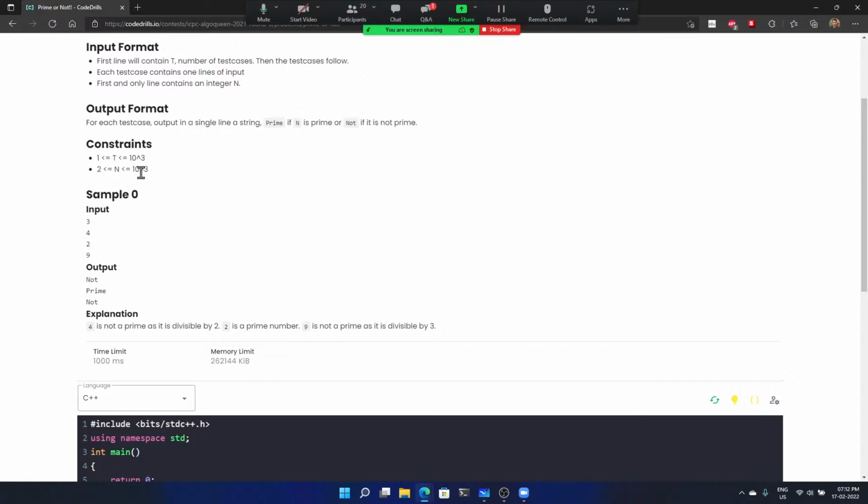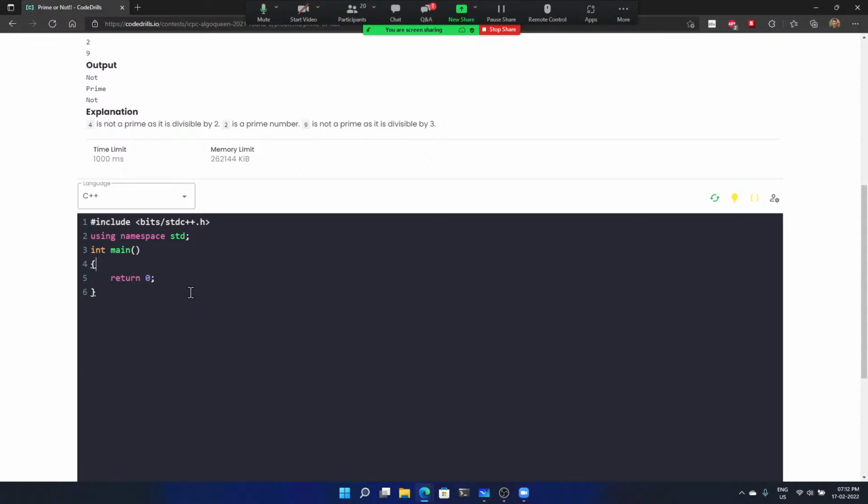We have 10 power 3 cases and 10 power 3 numbers. So let's find all the primes till 10 power 3 and pre-process this. Vector bool. I assume all the numbers to be prime initially, and whenever I encounter a multiple or a number which is not prime, I'll strike it off.